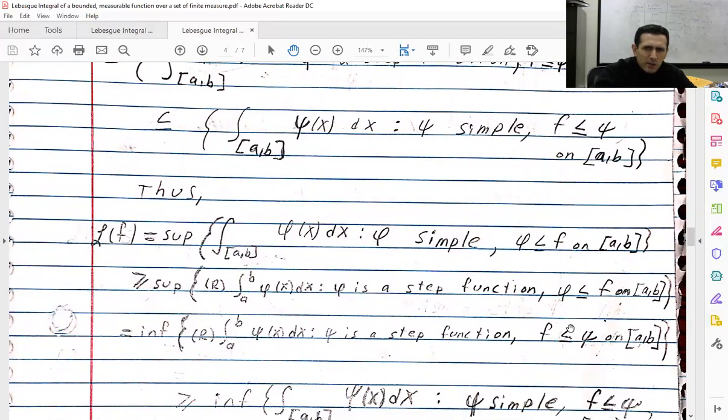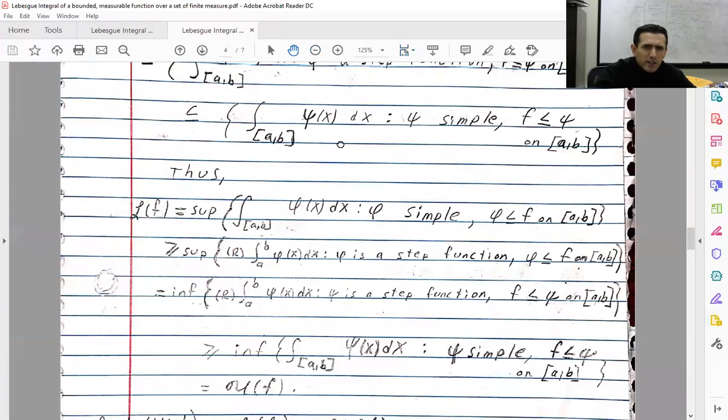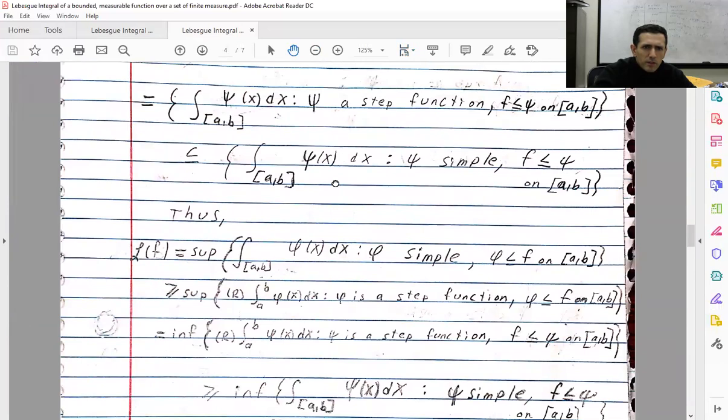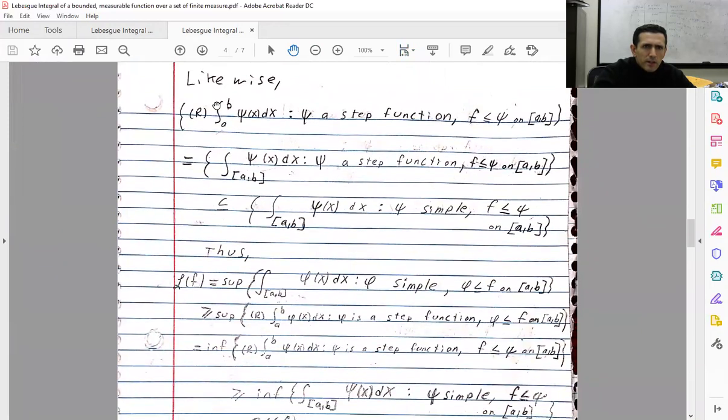Again, forget about infimums for a second. This set here is a subset of this set here. Okay, that's exactly the content of what we have here. This set right here is exactly what this is.